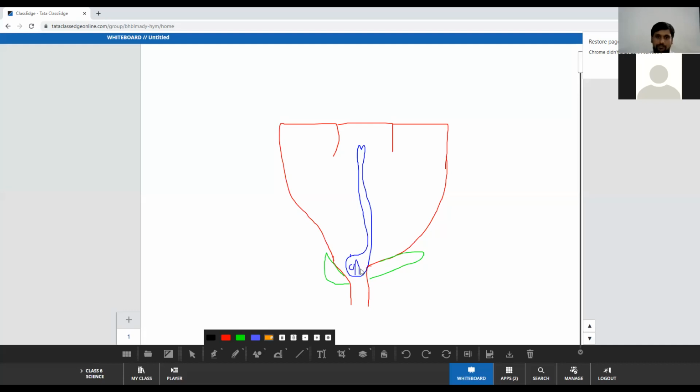Please draw neatly, because it is the most important diagram which usually comes for the exam. What I am drawing now is the male reproductive part of a plant.